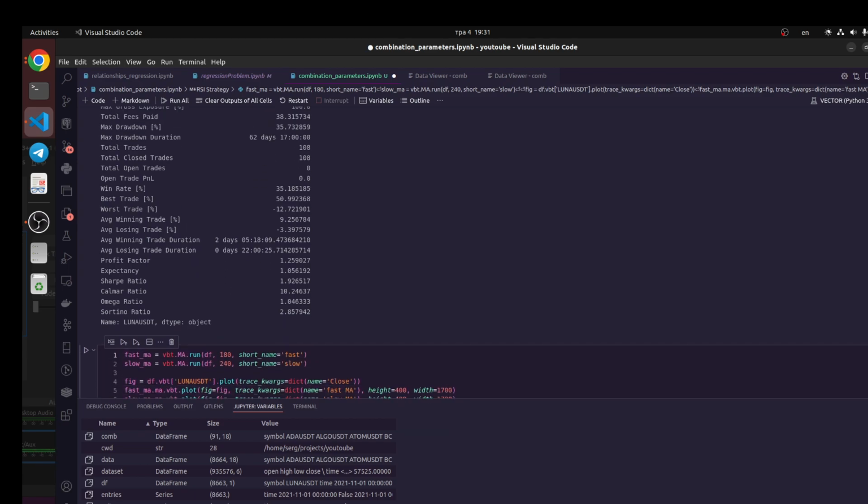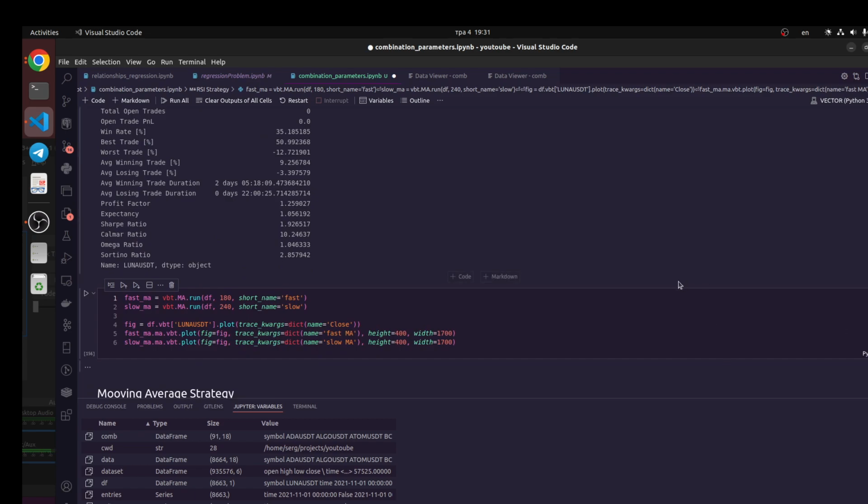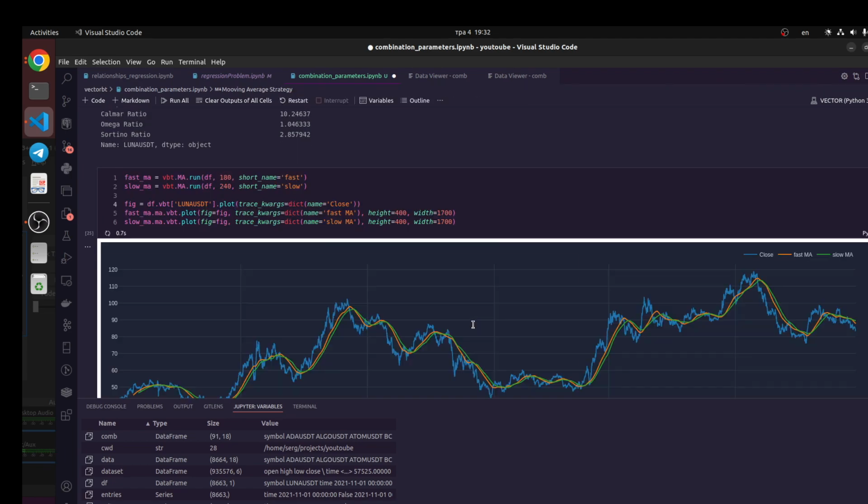And let's do the same for the moving average. You see the best parameters: for the fast moving average it would be 180, and for the slow moving average it would be 240. You see, it's also not the traditional parameters that we used.